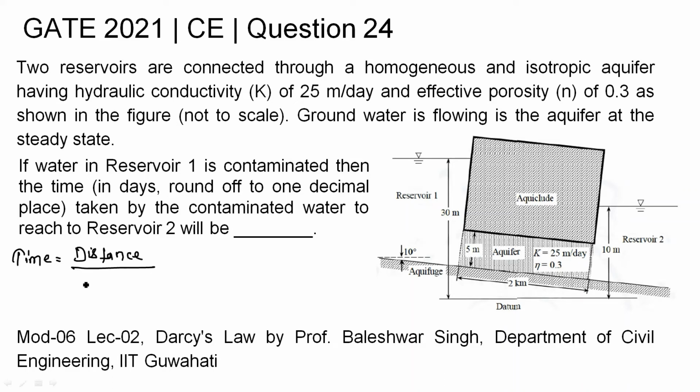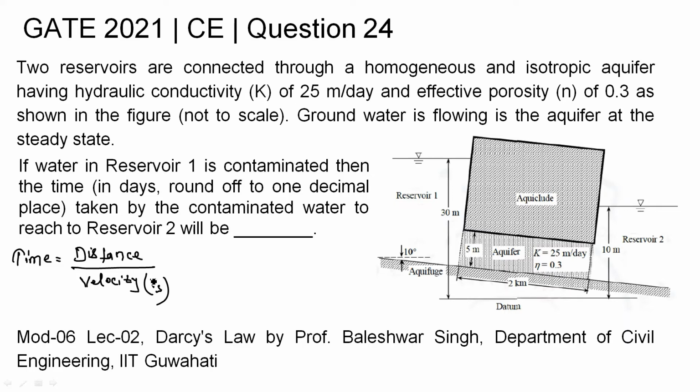Here the distance we know is 2 kilometer, and the velocity we will use is seepage velocity, that is Vs. We will use this Vs to solve this question. Why? Because it is asking the time to reach from point 1 to point 2, and the water will flow through the continuous voids. So we can find the time by this simple equation, distance by velocity Vs.